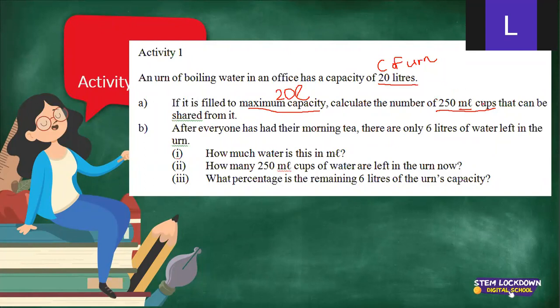So you need to convert your liters to milliliters or your milliliters to liters. Remember the conversion here: 1 liter is equal to 1,000 milliliters. Remember, learners, you must know this off by heart, but I'm sure it's simple because you've been doing this from the lower grades.